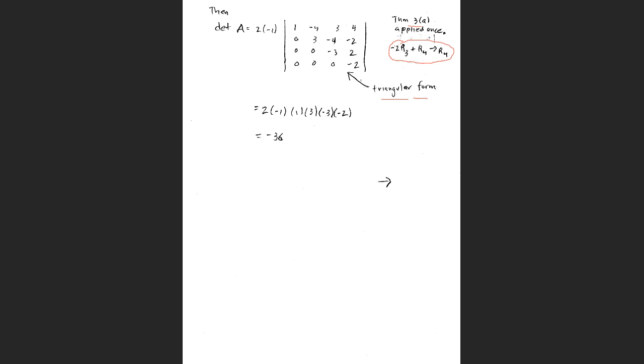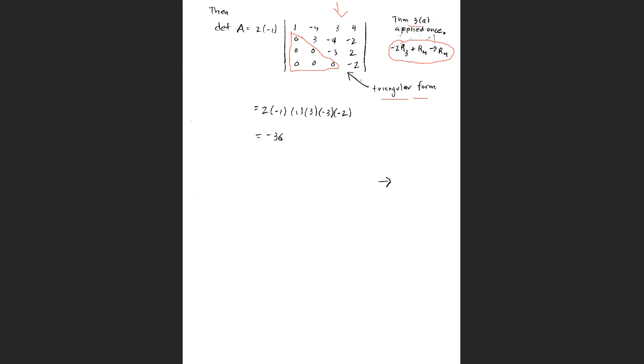Triangular form means below the diagonal we have all zeros. Is this lower or upper triangular form, what you have here? Good, upper triangular form, that's right. That's absolutely right, Eleanor, Hung.